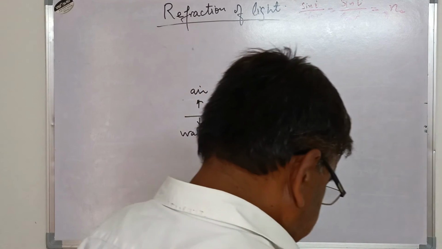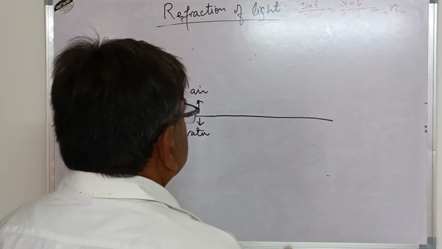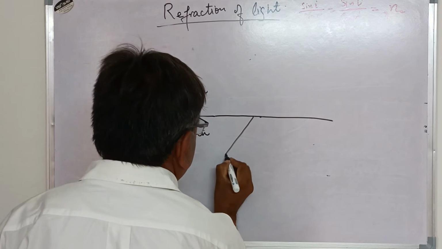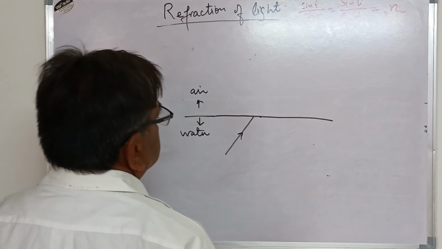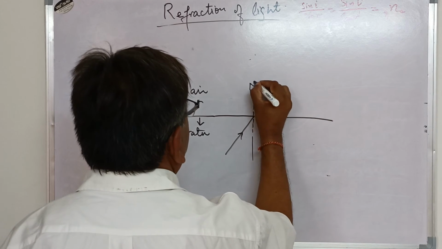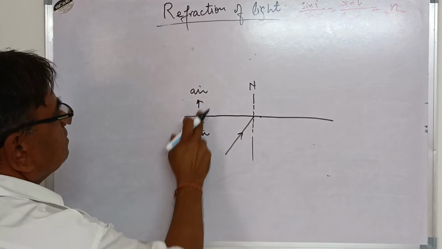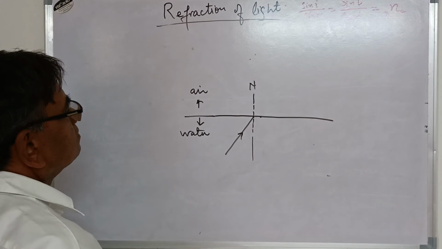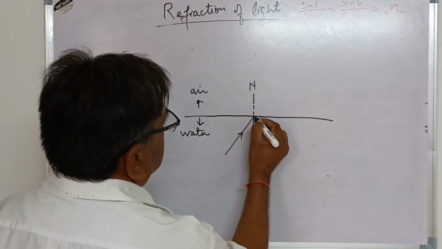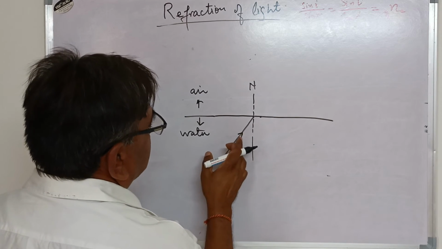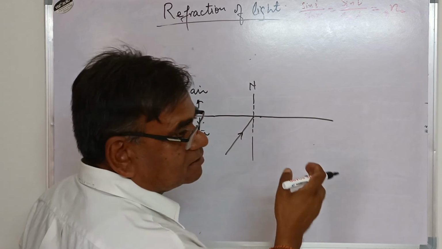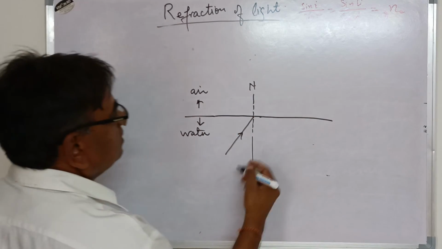Take a ray. This is the ray. It goes in this direction. This is the normal. Water is the denser medium, and this is air, a rarer medium. So when the ray emerges from the water, it comes out and enters into the air at the boundary.